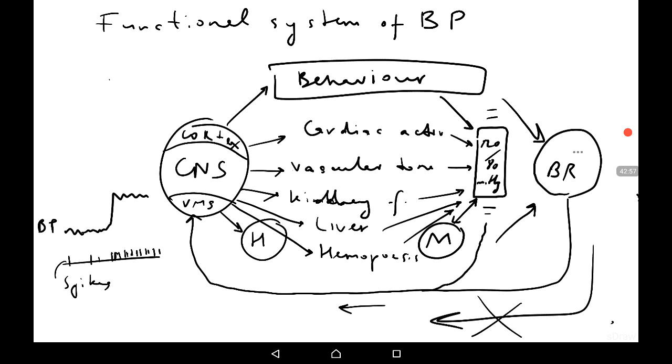So what should be done to avoid this severe complication? It is a very simple thing. The person should change the activity in such a manner that after each stress with high blood pressure, there should be relaxation when the blood pressure will drop.